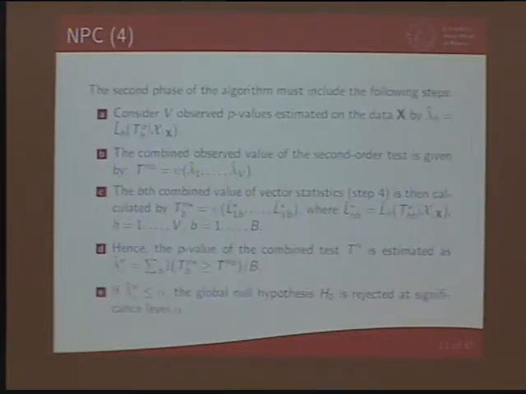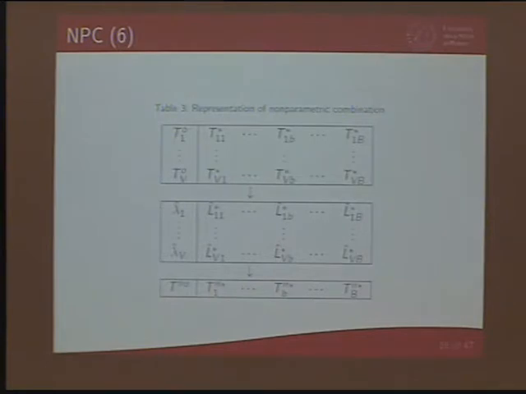So basically, the algorithm is like that. So applying the combining function to the vectors of p-values, or equivalently of the test statistics, that we found out in the previous step when we created the permutation distribution. And then we are going to create the permutation distribution of the combining function.